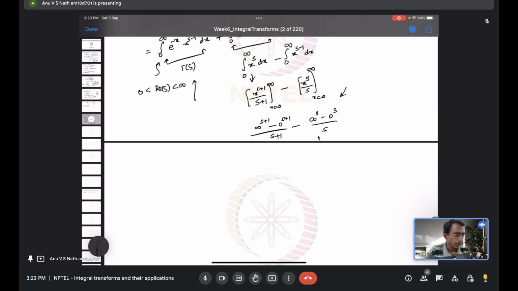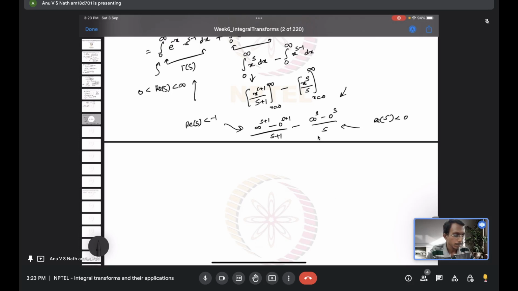we can say if the real value of s is less than 0, the third integral will converge, right? And here if the real value of s is less than -1, the second integral may also converge.